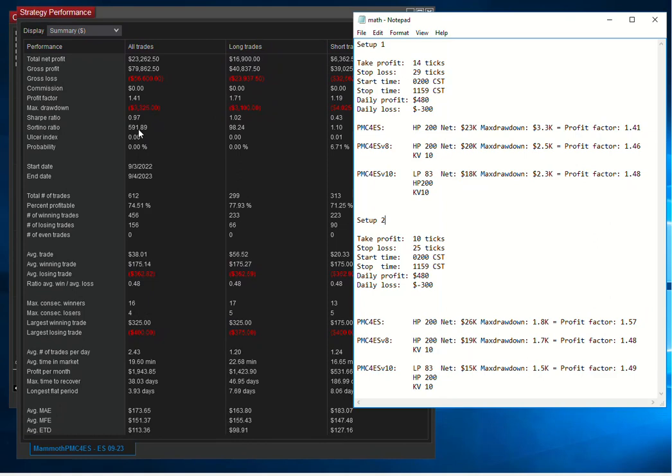That is insane. But Sharpe ratio is below 1, which is okay. Around 1 is good. Above 1 is good, and this one is above 1, great. The Sortino ratio is different, you don't have to pay attention to that. As long as this number is above 1, that's good.